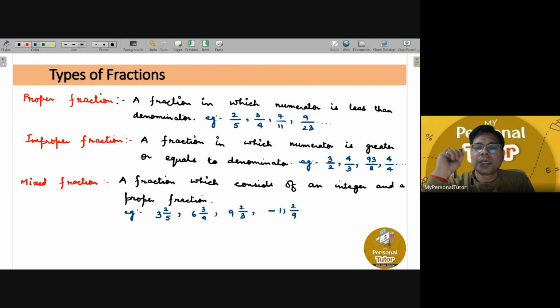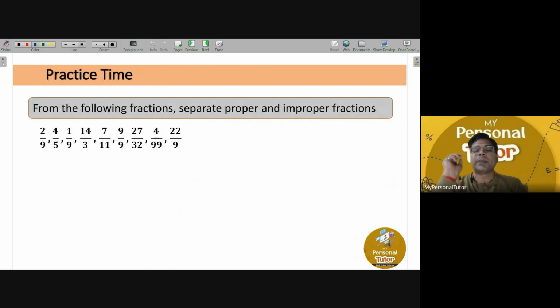No doubt. So now what we are going to do, we are going to do some questions on that. So please go through it properly. What is a proper fraction? What is an improper fraction? And what is a mixed fraction? Okay. So based on that, you have a question in front of you. I'm giving you just, let's say 2 minutes. 2 minutes is enough, right?